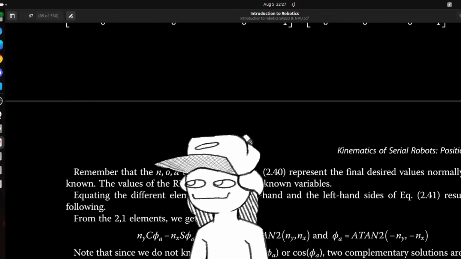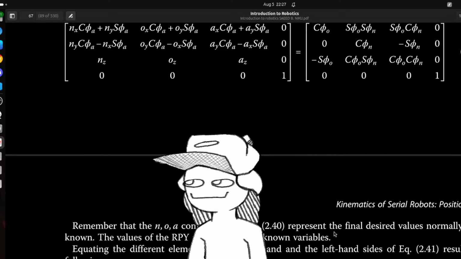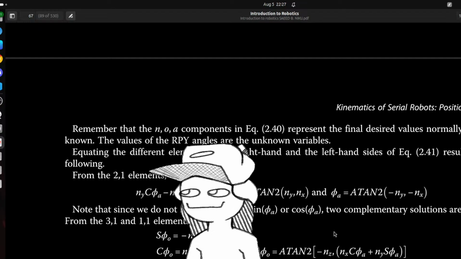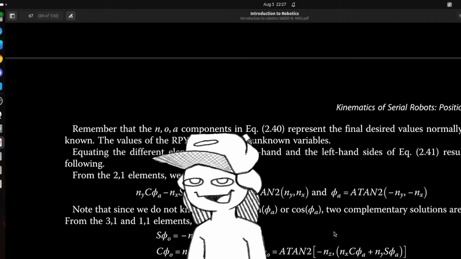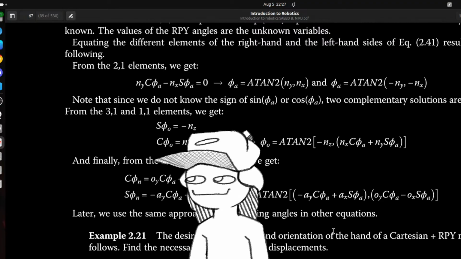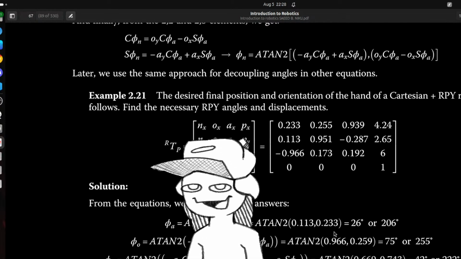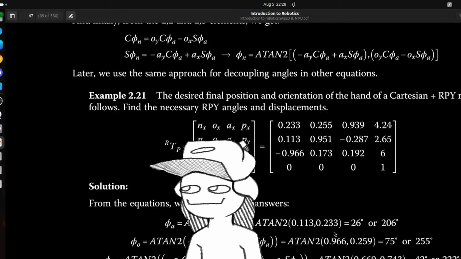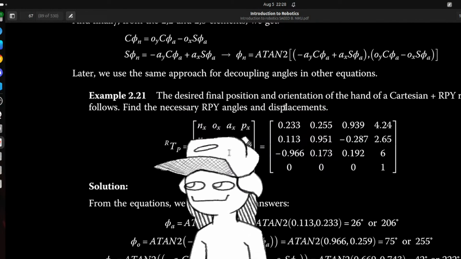So find the necessary RPY and its own displacements.